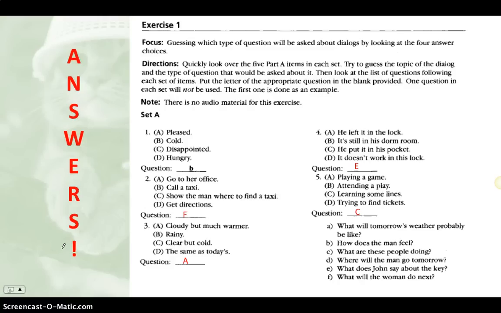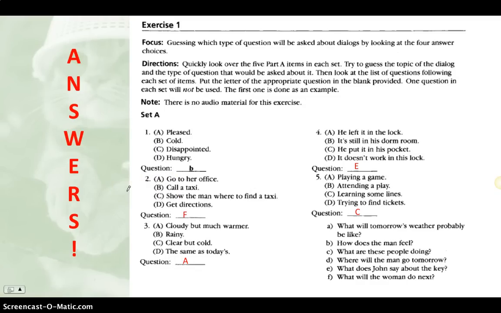For question A, a common theme here is attitudes. You're either pleased or cold or disappointed, so these are kind of feelings or attitudes. Number 2, these are actions: go into the office, call a taxi, show the man. The action word, the verb in each answer choice, is a clue to the question.